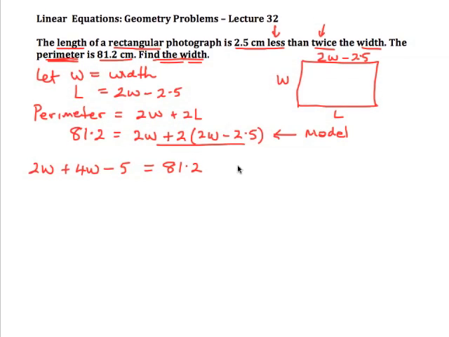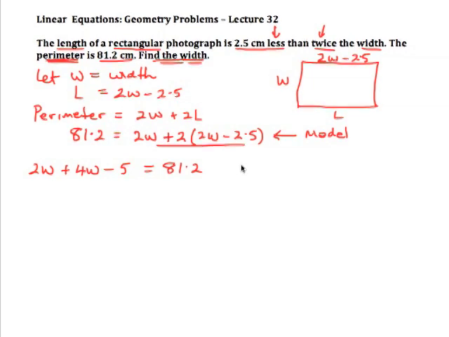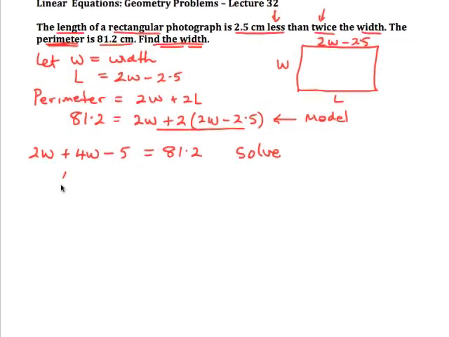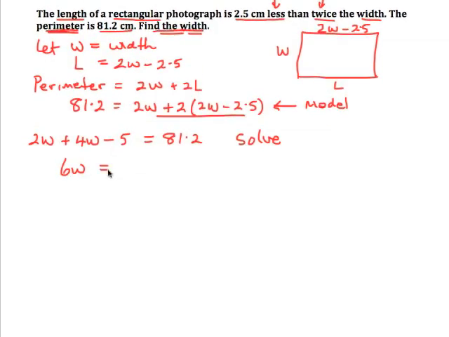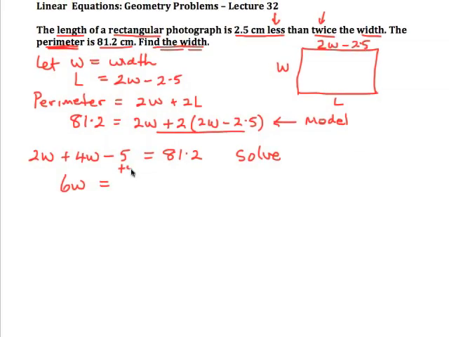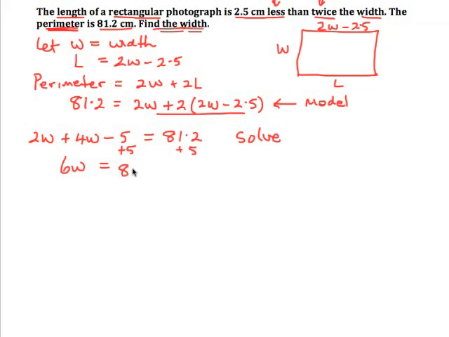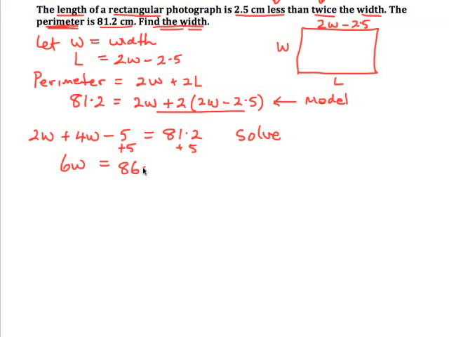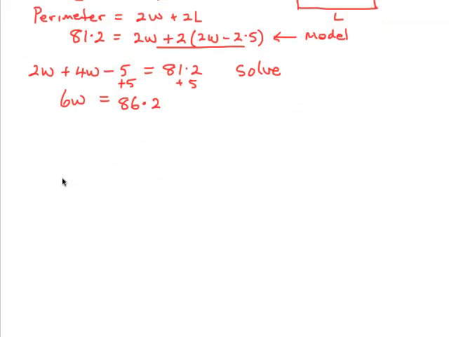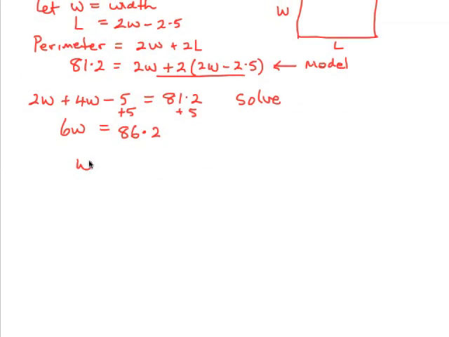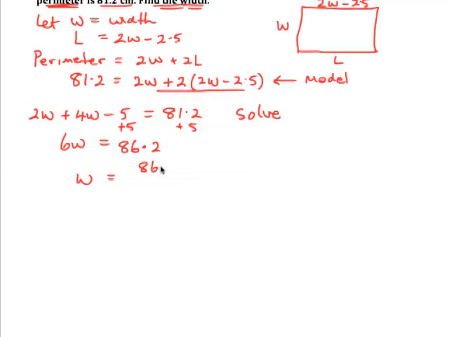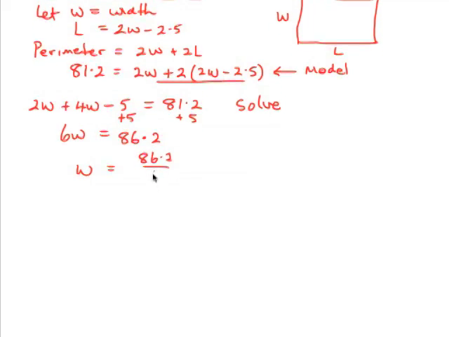Now what we have to do is solve this equation, so that would be the next step. So 6W is going to be equal to, if I add 5 to both sides, 86.2. Right, so W then is going to be 86.2 divided by 6.